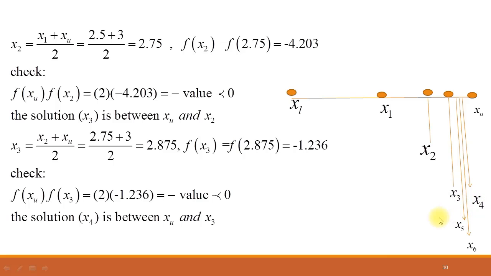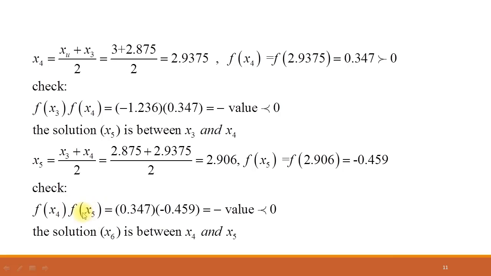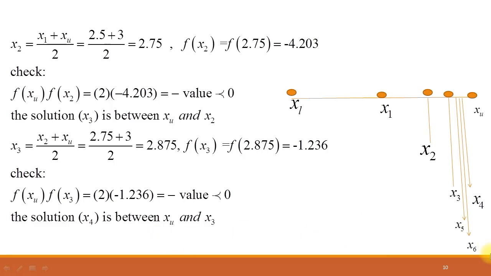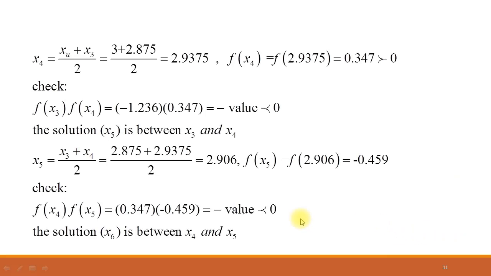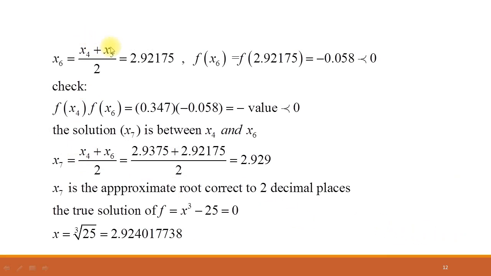Now to find x6, since the function has a negative sign at x5 and the opposite sign at x4, the sixth root lies between x4 and x5. So the mid of x4 and x5 is x6. So x6 is x4 plus x5 divided by 2.